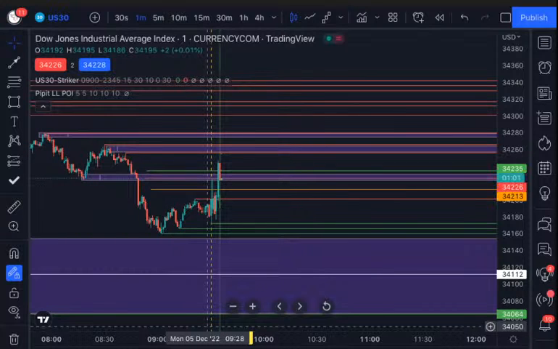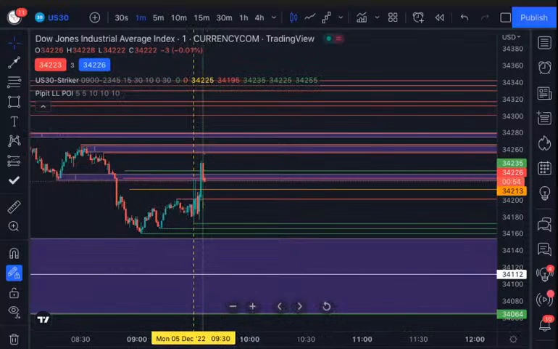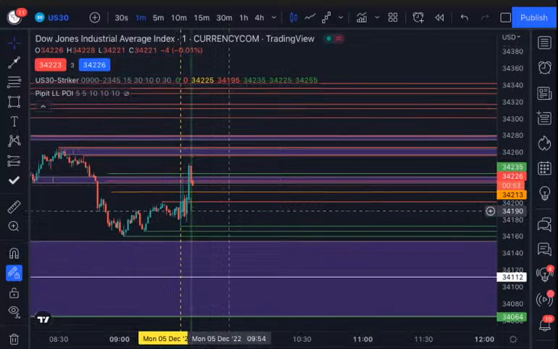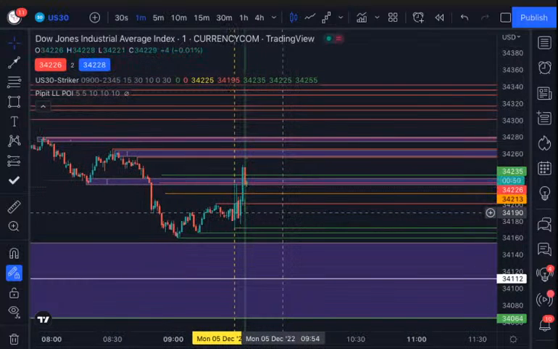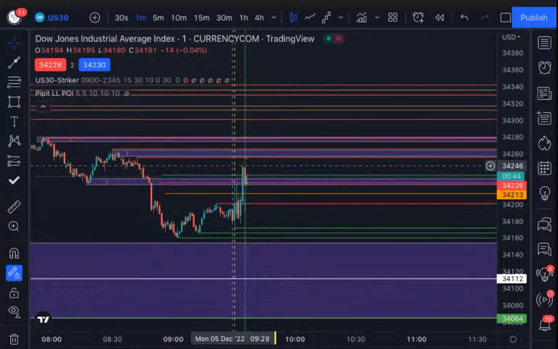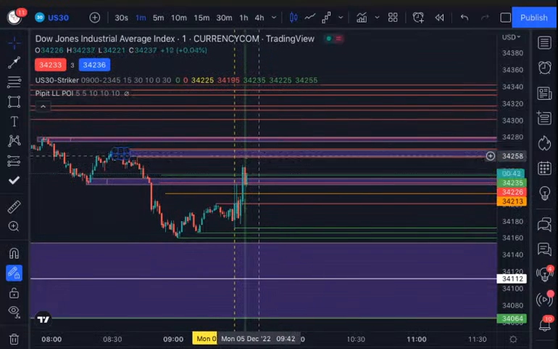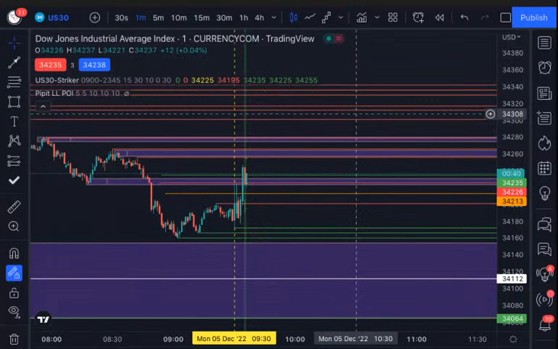All right, so we got a buy signal. I'm holding off on this. What I would rather do is wait for it to push up a little bit, come back, and then we take the continuation, the next one going in the trend.